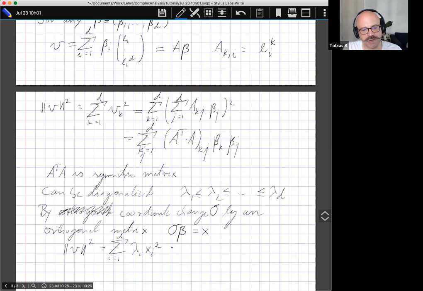Now I can bound this below, just because the squares are all non-negative, by the sum from 1 to d of lambda 1 times xi squared. So I can take that out, and then by the orthogonality, I see that this is the same as lambda 1 times the sum i equals 1 to d of beta i squared.